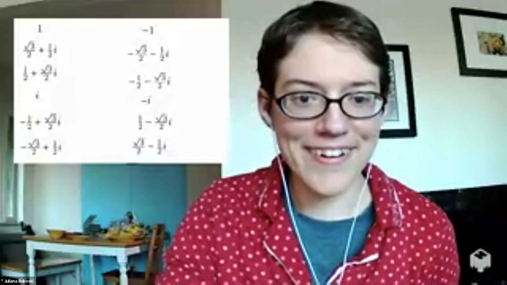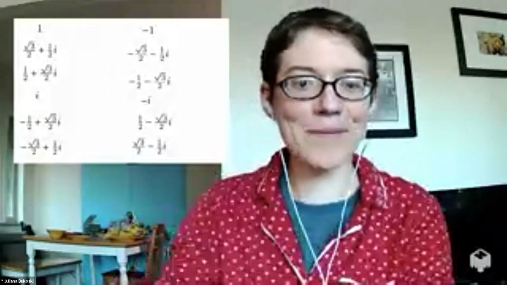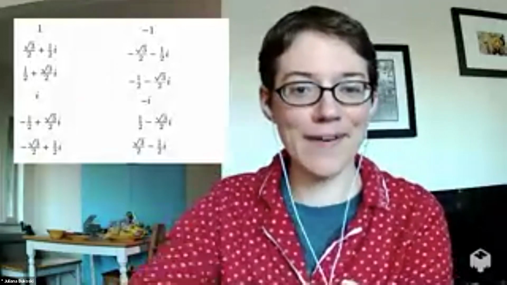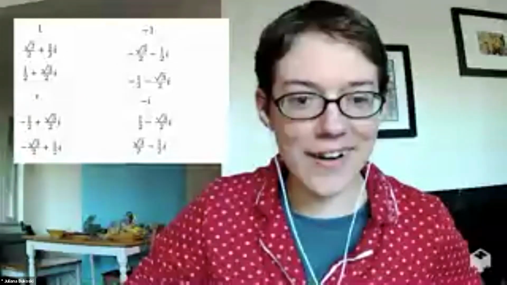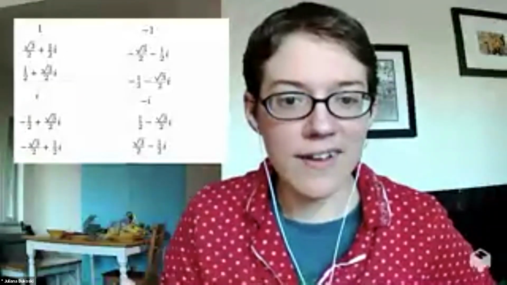And since we just talked about the number 12 on the clock, let's look at the 12th roots of unity. Here they are. So all the numbers where if you take them to the 12th power, you would get 1. So of course there's 1 and -1. Those are the real ones. For all the other ones, you need to use some complex numbers. So we've got that weird little number i in there.